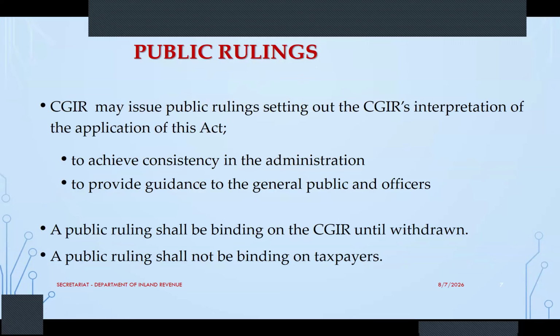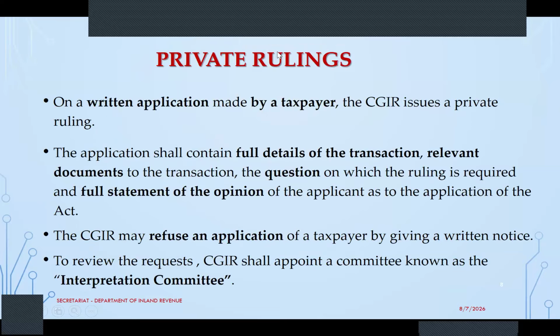Officers also can request a public ruling, or the Commissioner General can issue a public ruling without any request from the public, that means taxpayers. But for the issuance of a private ruling, the Commissioner General should form a committee, and the taxpayer should request a private ruling from the committee.